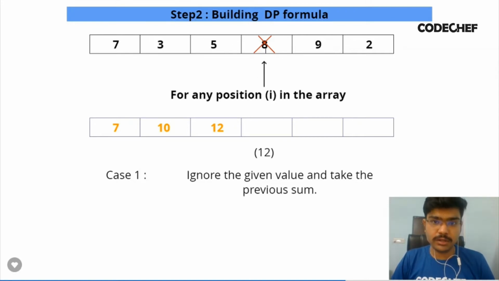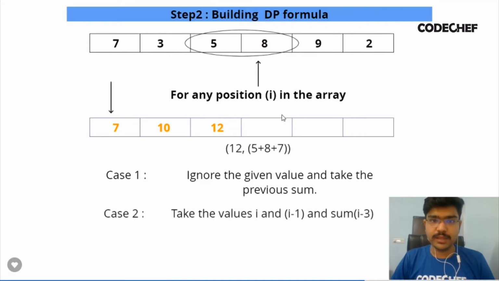So if we are not considering this element, then the optimal answer till the i minus 1 would be copied. So this is one possible condition. All right. Now, since we have 12 at position i minus 1 in the DP, so one possible case is that at position i we can have answer 12. That is one possible case. It's not the answer, it's only one possible case.